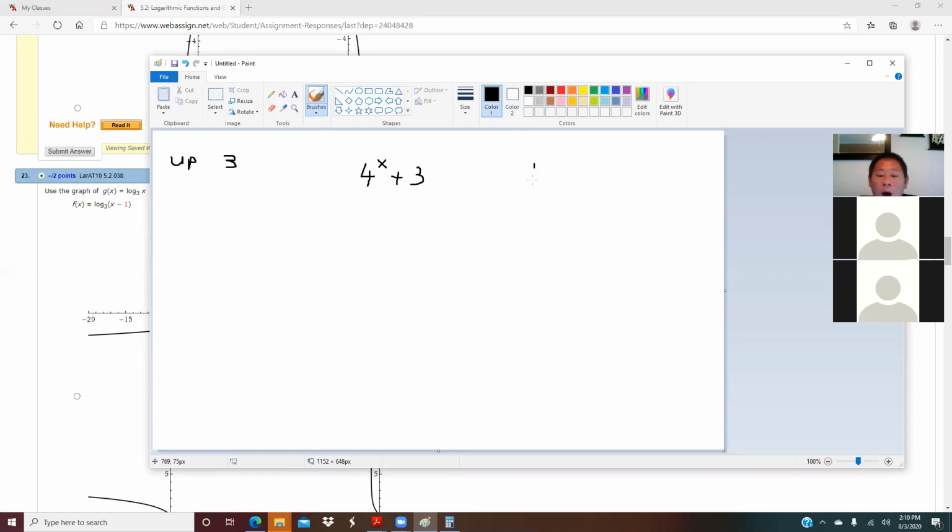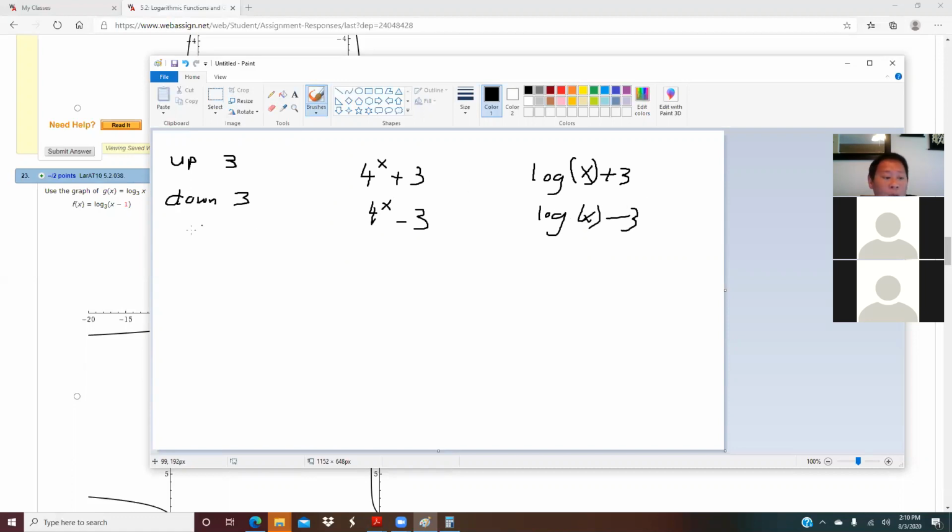For log, this is up 3. If I want to put parentheses, the parenthesis is right here. If I want to go down 3, then I will do exponents minus 3. For log, minus 3.